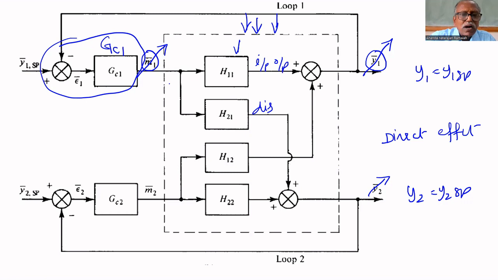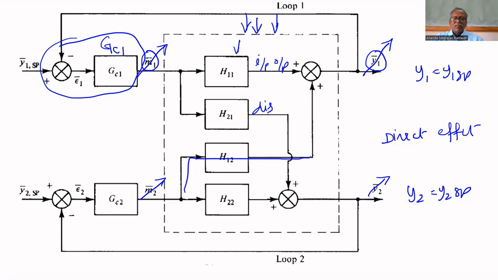So now what will happen? Y2 is not disturbed by the disturbance, but because of M1, Y2 is deviated. As Y2 deviates, GC2 will bring Y2 back to its set point. That's why M2 will change. M2 changes to bring Y2 back to its set point.